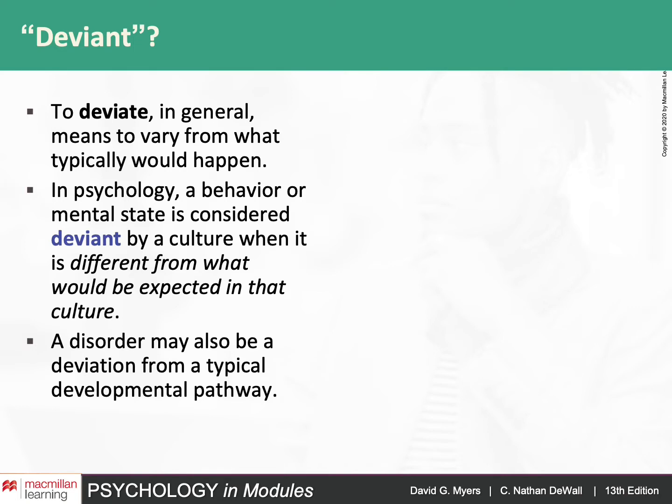The most significant aspect of the disorder component is that your deviant behavior or deviant mental state has to have a profoundly negative impact, either on your ability to work, your ability to form and maintain healthy relationships, your academic context, anything like that. So it's not enough to be deviant, right? There has to be that dysfunction component as well.